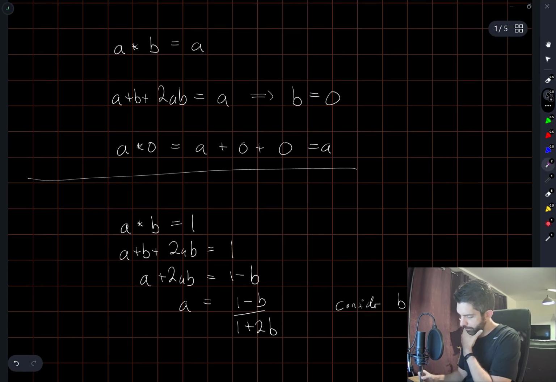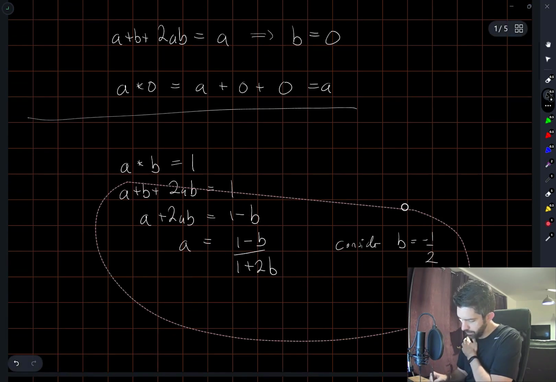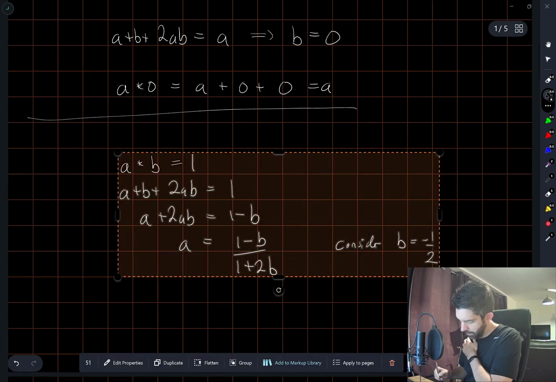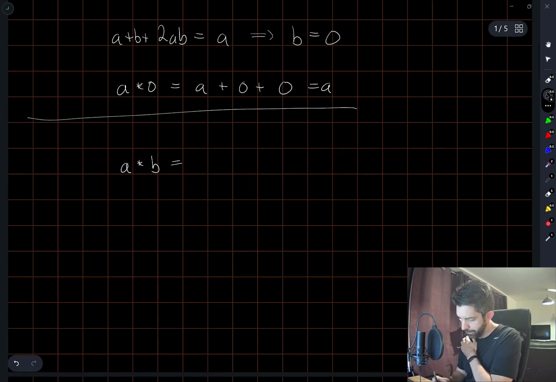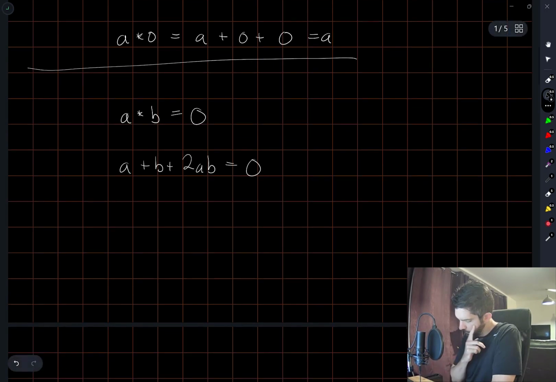Just a minute. The identity is 0. So I'm not looking for this product to be equal to 1. I'm looking for this product to be equal to 0. Does this change anything?